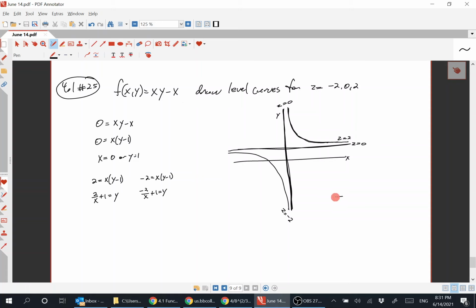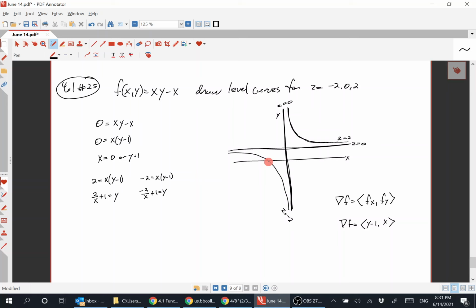Right? The gradient function in this case is y minus 1, x. And at any point that you choose, whichever level curve that you land on, the gradient vector is going to be perpendicular.